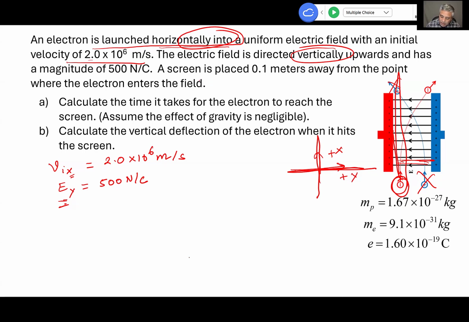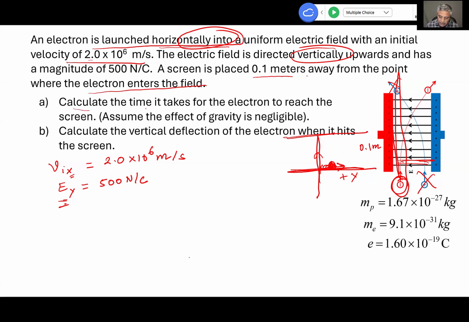And a screen is placed at 0.1 meters away from the point where the electron enters the field. So now what's happening is the electron enters the field somewhere here, and the screen is at 0.1 meter from the point where the electron enters the field.